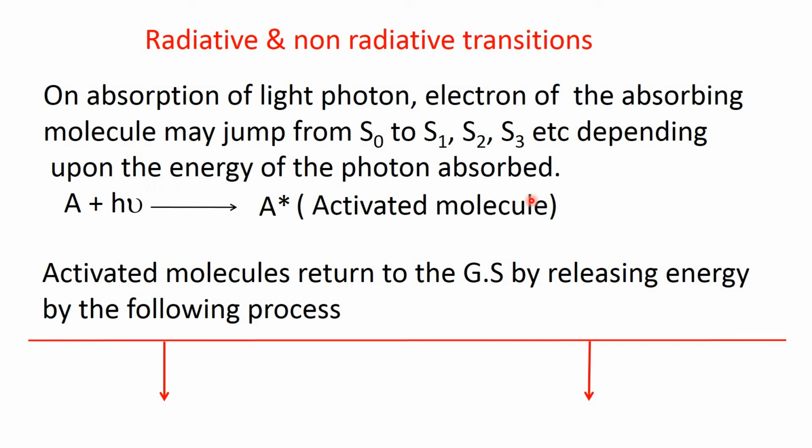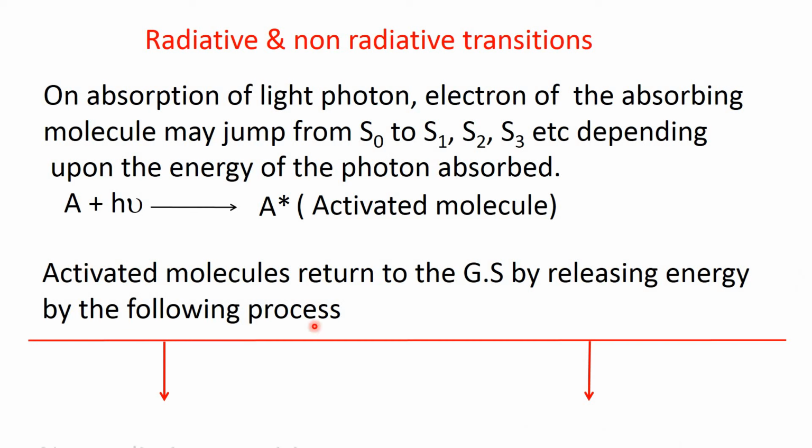Generally, electrons are promoted to the singlet excited state because there is no change in the spin direction. So, after absorbing the radiation, when the molecule goes to the high energy electronic state, then that is known as the activated molecule. Now, the activated molecules return to the ground state by releasing energy by the following processes.